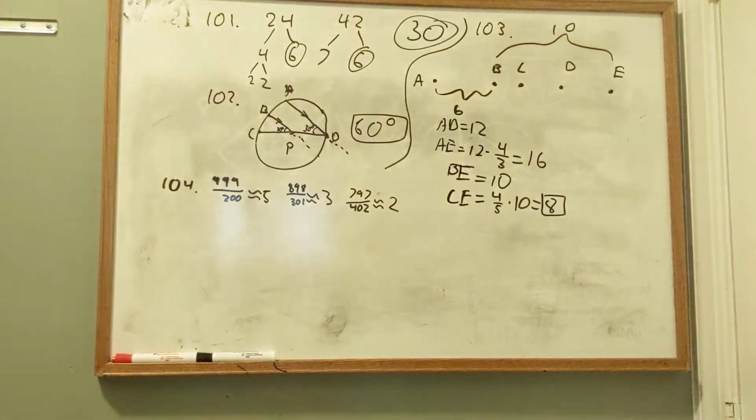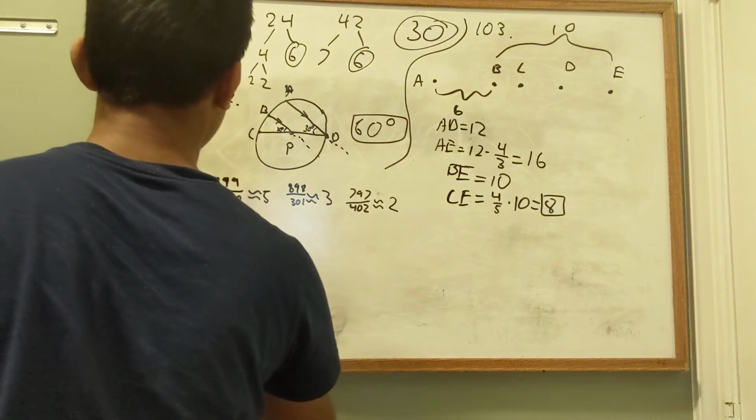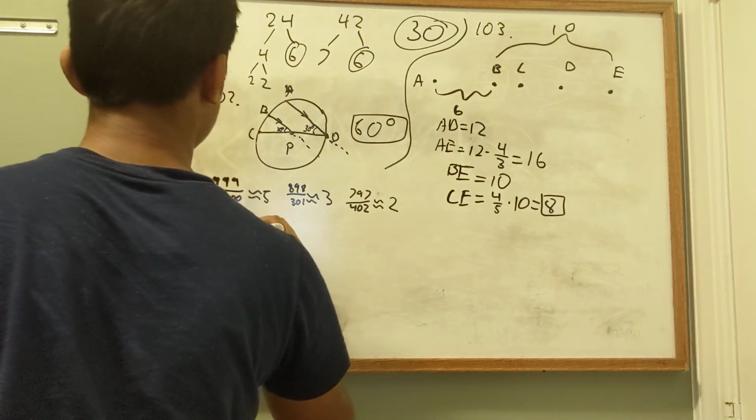And the other one, 696 over 503, if you round, is approximately 1.